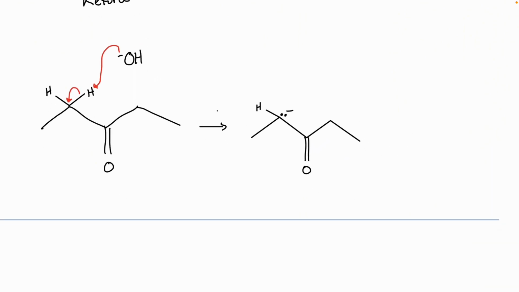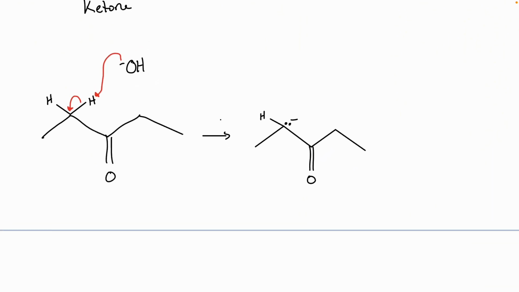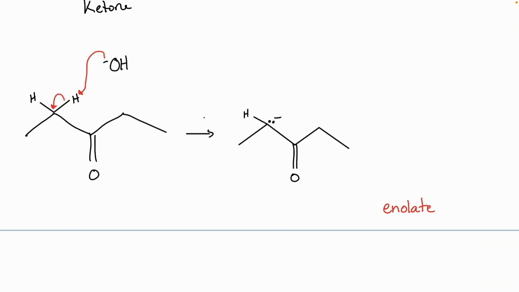This is what we call an enolate, ate because it's an ion. What makes these enolates relatively stable, what makes those hydrogens relatively easy to remove, is this charge can be stabilized through resonance.